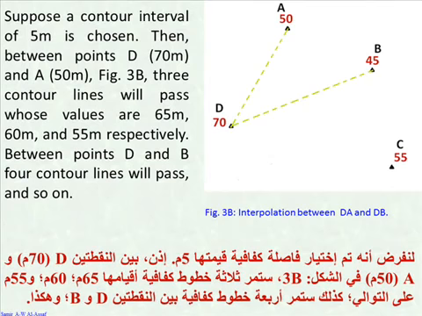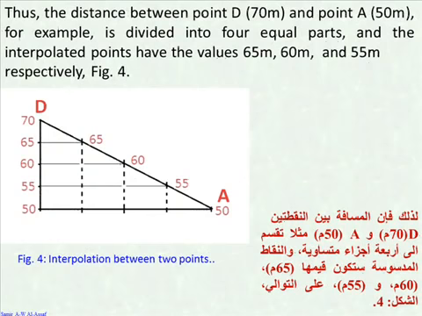Between points D and B, 4 contour lines will pass, and so on. Thus, the distance between point D, whose elevation is 70 meters, and point A, whose elevation is 50 meters, is divided into 4 equal parts, and the interpolated points have the values 65 meters, 60 meters, and 55 meters respectively. See figure 4.